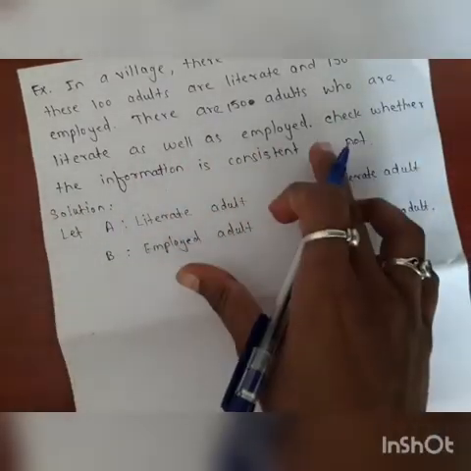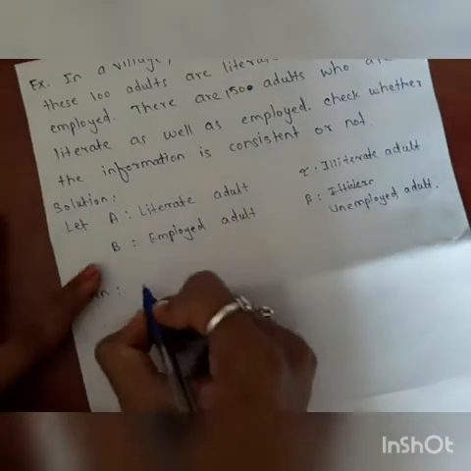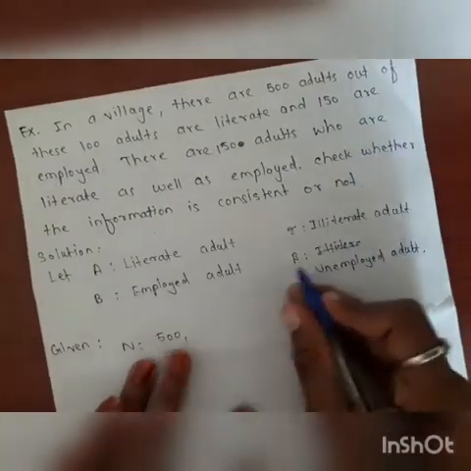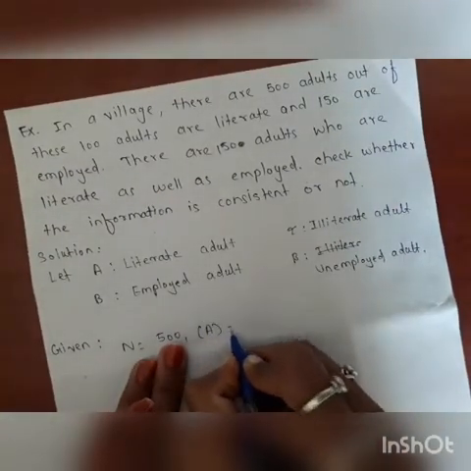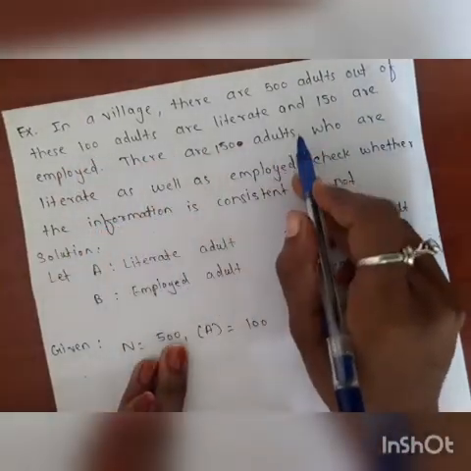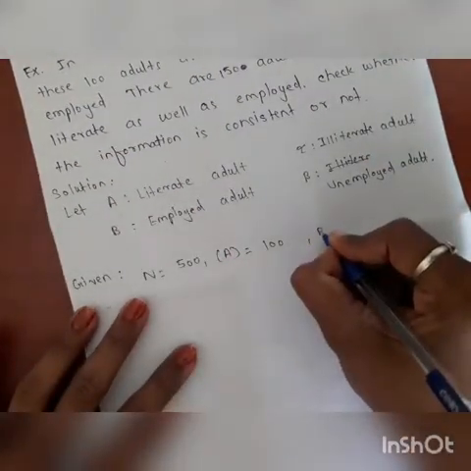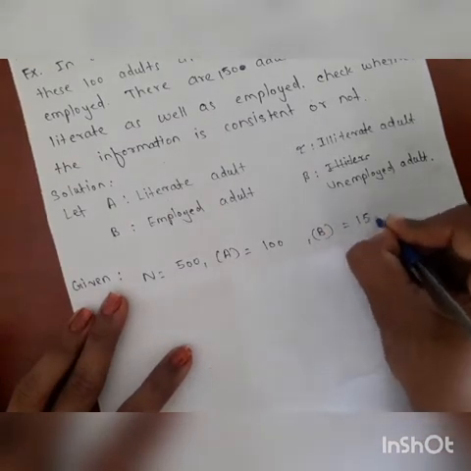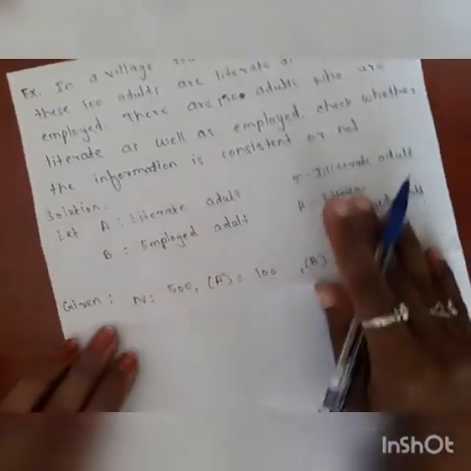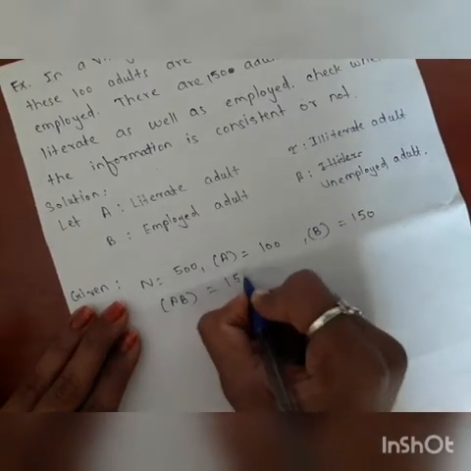So from the given data, capital N is equal to 500 and (A) is 100, that is literate adults are 100, and employed adults are 150, that is (B) is 150, and there are 150 adults who are literate as well as employed, that is (AB) is equal to 150.